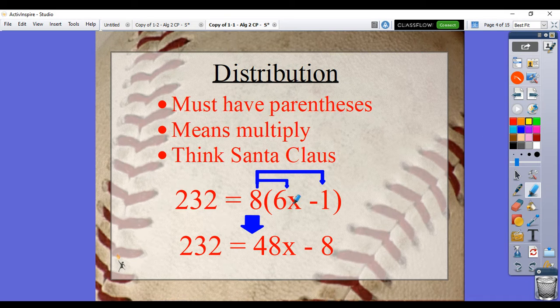There's an 8 outside the parentheses. You will distribute this 8 to all of them. 8 to the 6x, we will multiply that, and 8 will be multiplied again to the negative 1. So you do a fair share to all. That's how you solve and simplify using the distributive property.